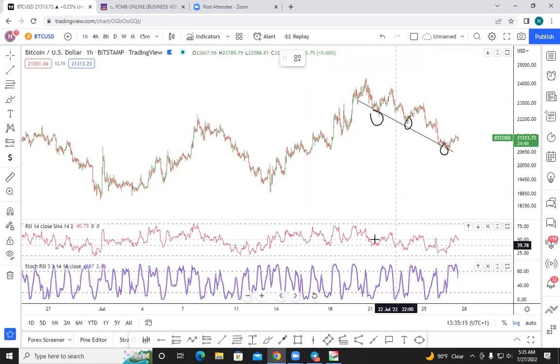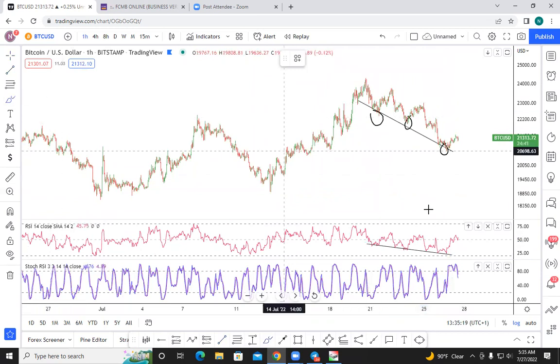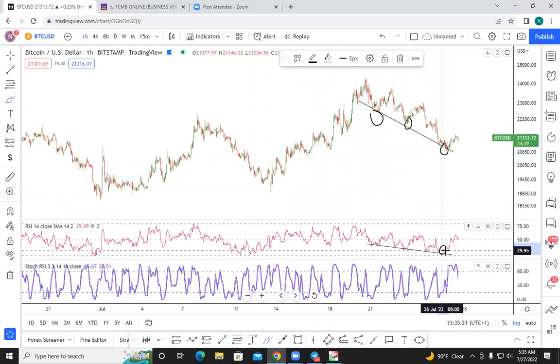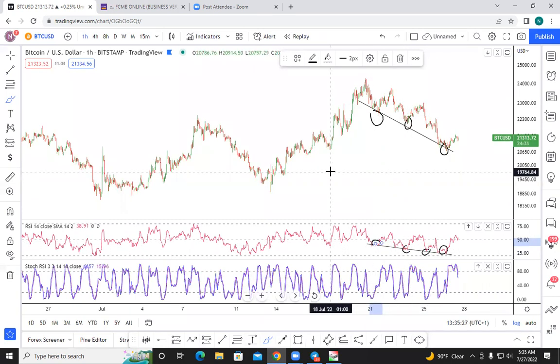Can you see, guys? This low is lower than this one, this low is lower than this one. So there is no divergence. There is rather a convergence. It means that there is agreement between price and the indicator. They are going in the same direction.